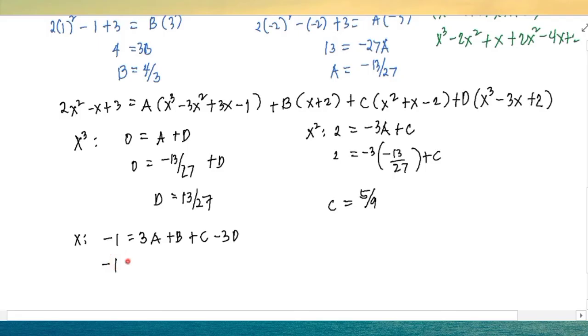So that's negative 1 is equal to 3 times a, which is negative 13 over 27, plus your b is 4 over 3, plus your c is 5 over 9, minus 3d. So solving for the value of d using your calculator, pwede nang gamitan ng shift solve function to.